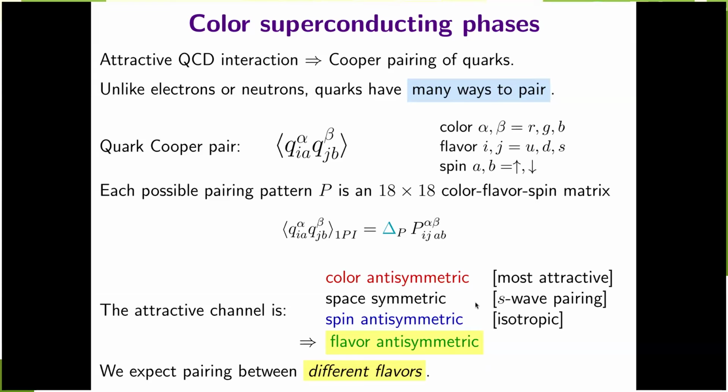What about the space wave function? Well, in general, you would like to not have anything complicated. You'd like all directions in space to be the same, because if different directions in space are different from each other, then some are contributing more and some are contributing less. And that generally means that you're not going to get the maximum amount of energy. So ideally, you would have what they call S-wave pairing, symmetric in space.